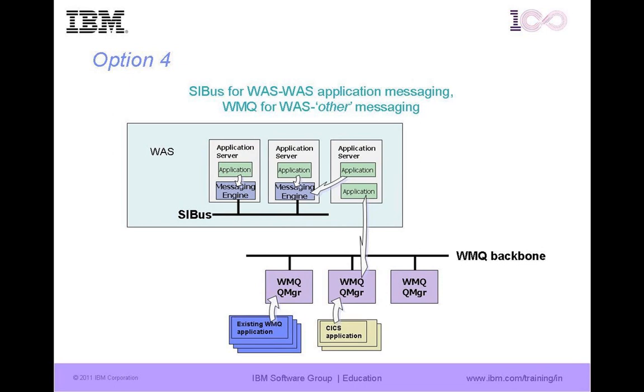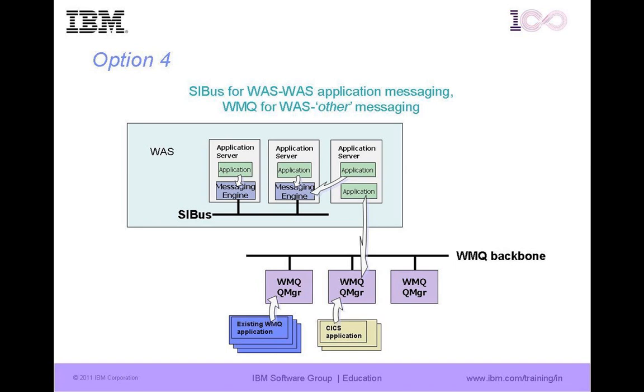And the last option that we have is to have an intra and an inter messaging system. If I have an option to segregate the way my messaging works, I try to keep SI-bus for all my WAS-based applications. For instance, if my producer as well as my consumer both are running within the application server, it definitely makes sense for me to use SI-bus without even going to WebSphere MQ.